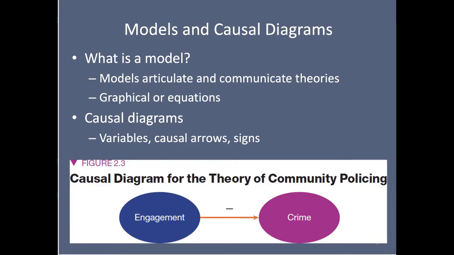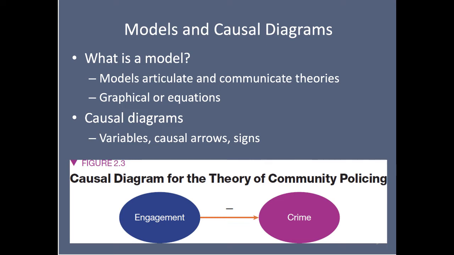So in this class, we're going to use a particular kind of model. And a model is a more specific way to articulate and communicate a theory. You're familiar with models of a building, like architects will create a model of something they're going to build.